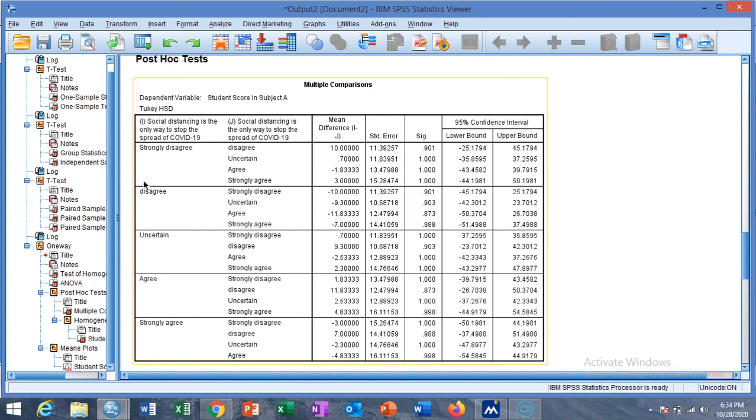Similarly, the mean of the disagree group was compared with the four remaining groups. Similarly, we have a 5 by 5 table with different combinations of means, and these are the standard errors, and these are p values. All of the p values are insignificant, as the means are not significantly different between the pairs.